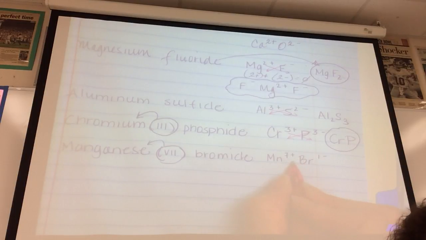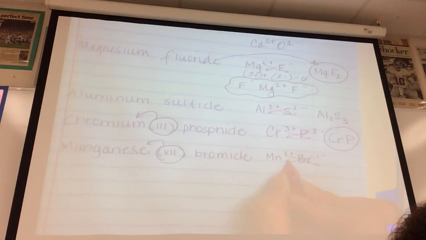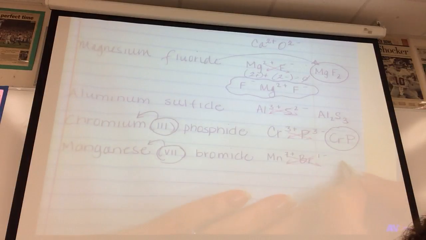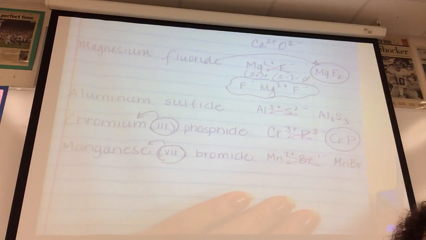Oh, you cross them. And what do you get? Mn1, okay, by itself, I guess. And then Br7. You got it.